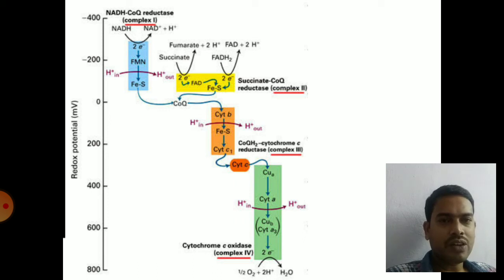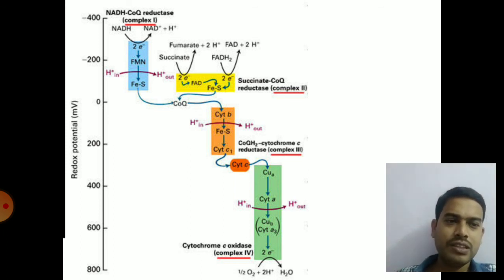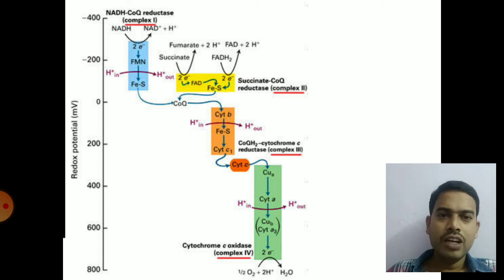So there will be transport of electrons or hydrogens from the more negative redox potential components to oxygen, finally converting oxygen to a water molecule. You can see the transport of hydrogens and electrons from NADH to iron sulfur proteins, flavoproteins, cytochrome B, coenzyme Q, cytochrome C, cytochrome A, A3 and finally to oxygen, converting oxygen to water molecules. So this is the series of transport of electrons.